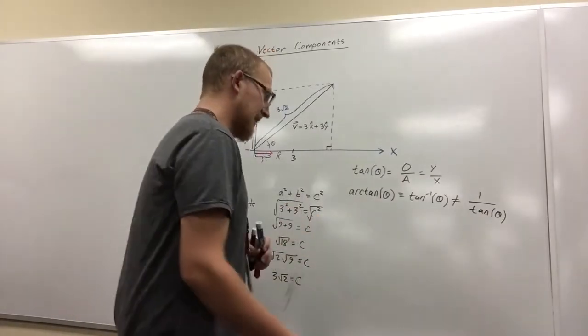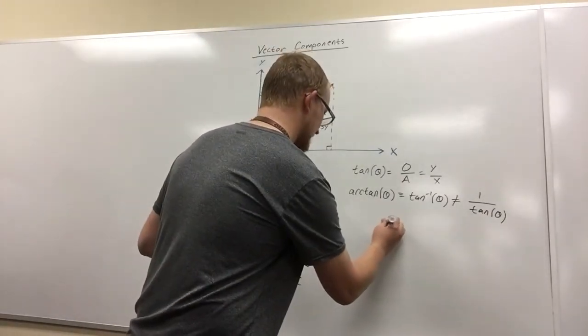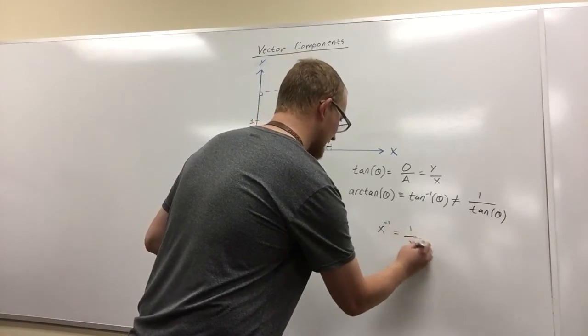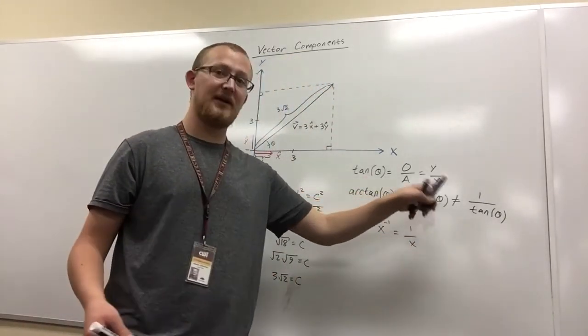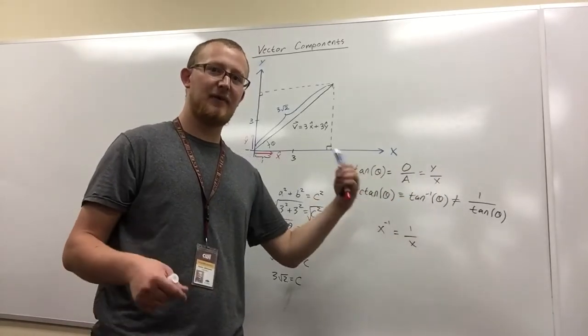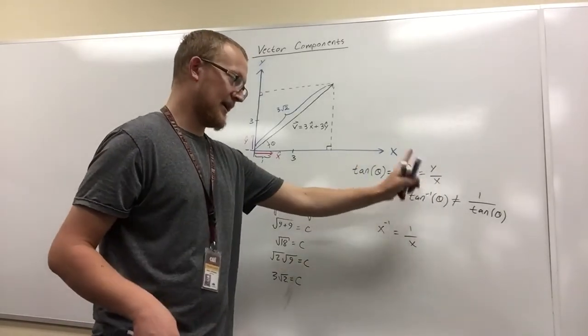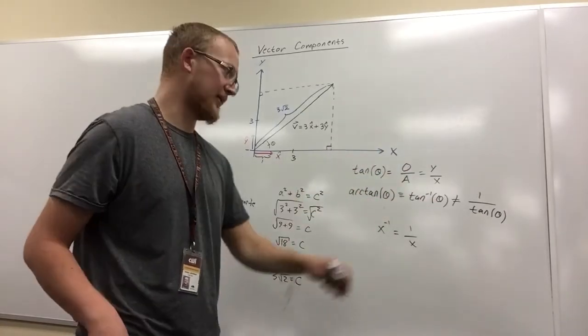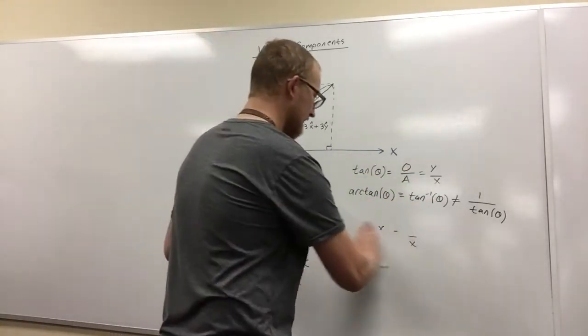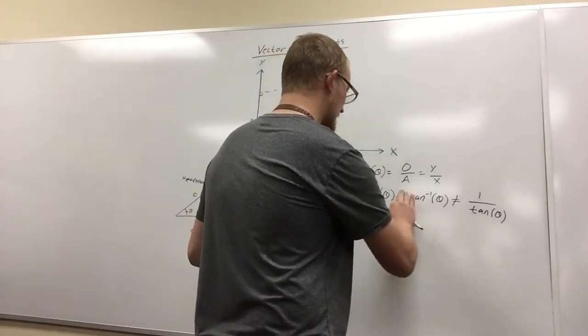So if you'll remember, if I have x to the minus 1, I can write it as 1 over x to the 1. That's not true here, because this minus 1 isn't actually tangent to the minus 1 power. It's indicative of the inverse tangent operator, or the arctan operator. And so I'll be using arctan.